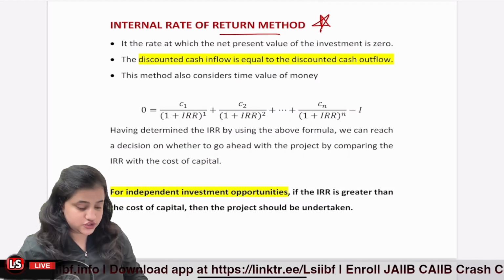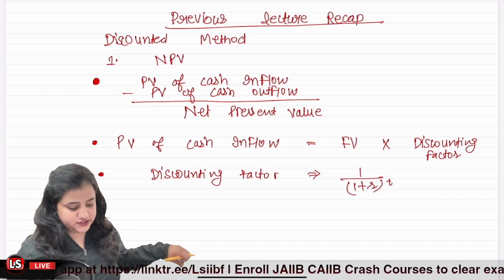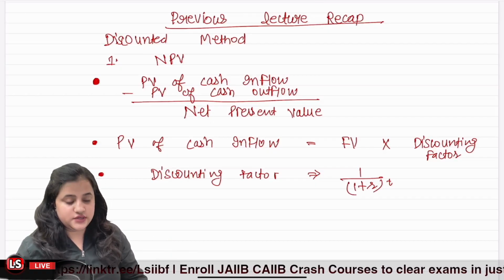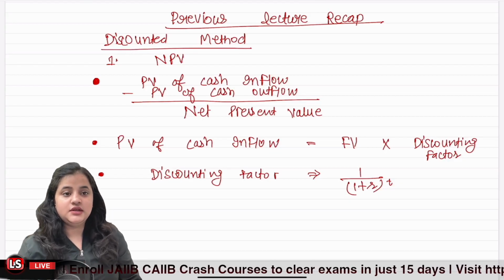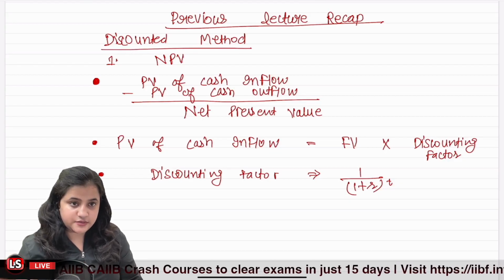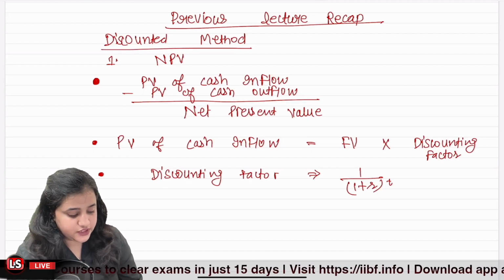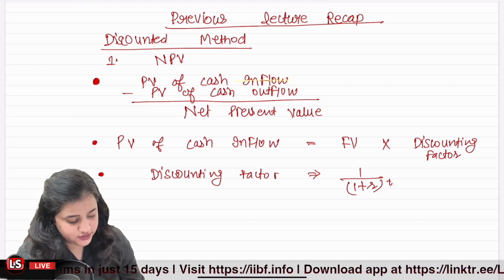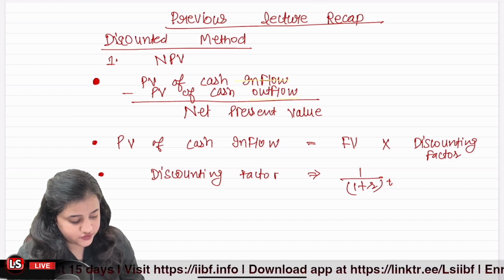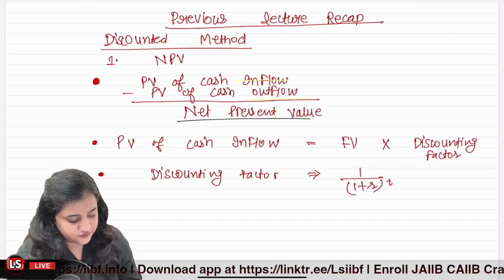Before I start this topic, I just want to quickly recap what we did in the previous lecture, where we discussed discounted methods for investment appraisal. The first one was net present value. How do we calculate net present value? We take the PV of cash outflow and subtract the PV of cash inflow from it, and we get net present value.